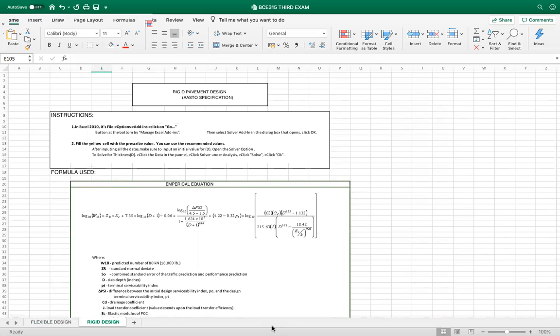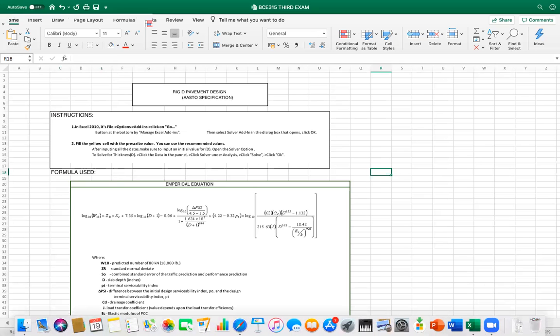Proceeding. Second would be the rigid pavement design in accordance with the AASHTO specification. Just like the flexible design, I also put the instructions here first, so you must read them. In Excel 2010, it's File, Options, Add-ins, click on Go. That enables you to proceed.